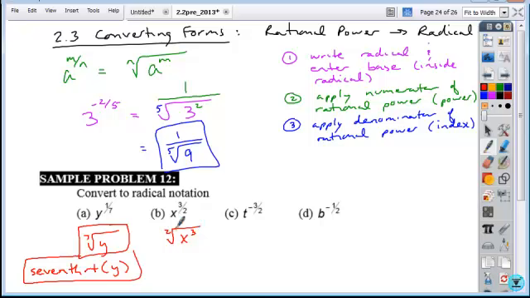The power is greater than the index, so we do need to simplify. How many groups of 2 can we remove from 3? 1, so we can bring 1 x out. And how many x's are left inside the radical if we remove 1 group of 2? 1. And again, we have an even index, so we need to consider whether or not absolute value is required here.